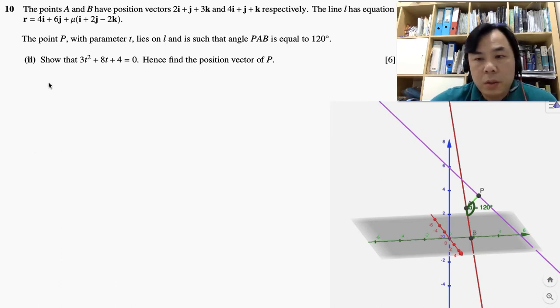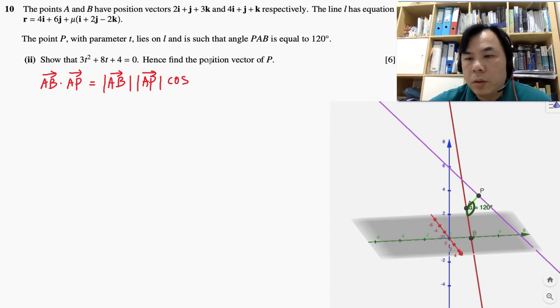We're going to use AB dot AP, in this case, which is given by the magnitude of AB, the magnitude of AP, cos the angle between PAB.